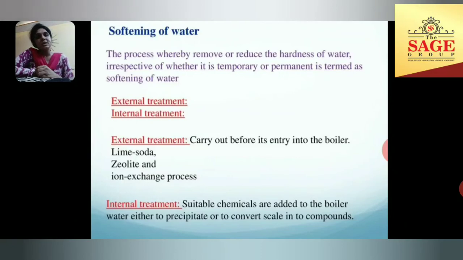That is known as external treatment. In internal treatment, the boiler feed water is fed into the boiler and then some chemicals and methods are used to reduce the hardness.